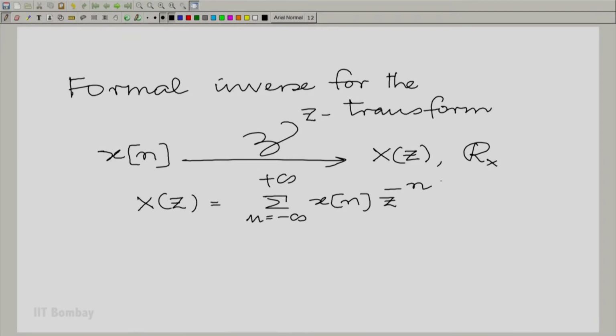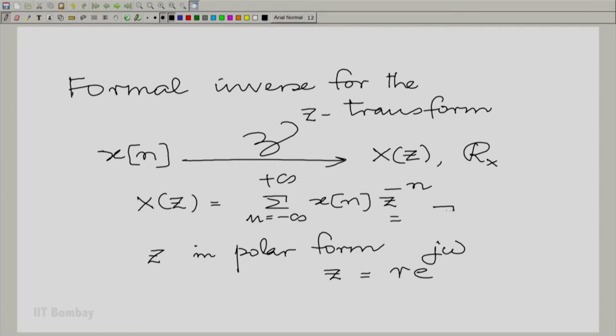Now, let us write down Z in polar form as usual, that is what determines our understanding of the variable Z, of the form r e raised to the power j omega, and therefore, we can rewrite this as the summation, n going from minus to plus infinity, x of n r to the power minus n e raised to the power minus j omega n.